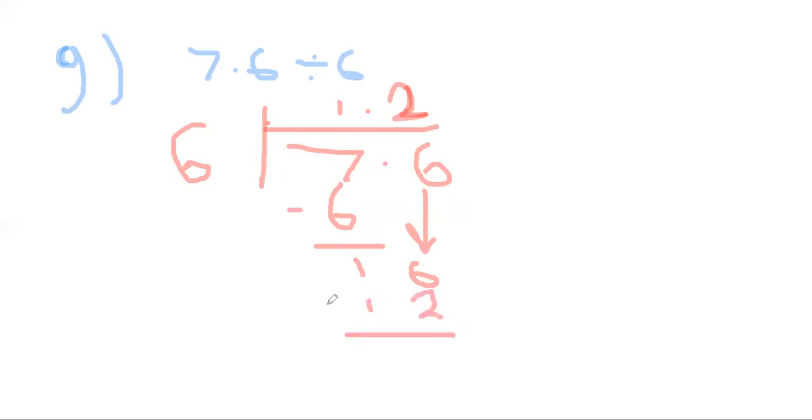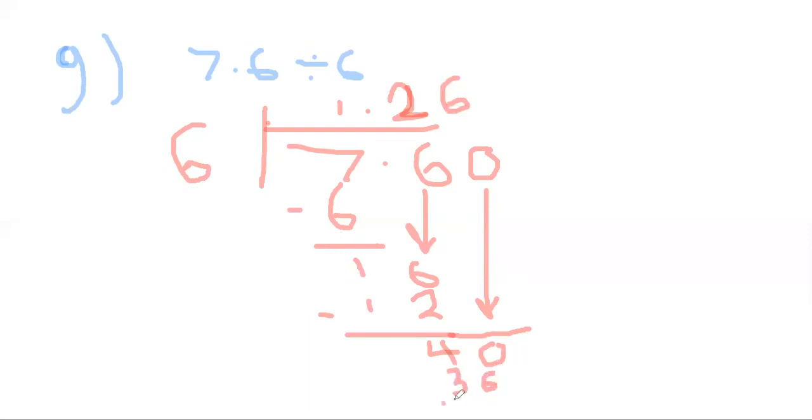What remains is a 4. You can put a 0 here. After the point, you can put any 0. I told you that. So you bring the 0. So this will be a 40. How many times does 6 go into 40? 6 goes into 40 6 times, which is 36.